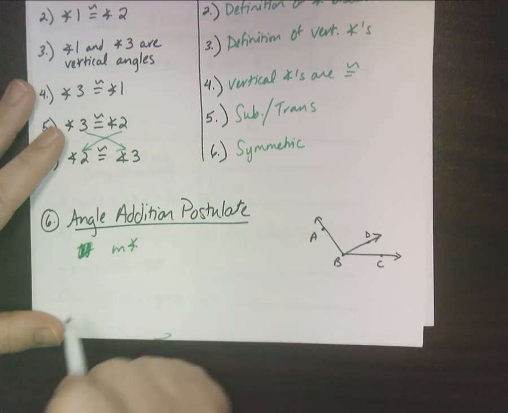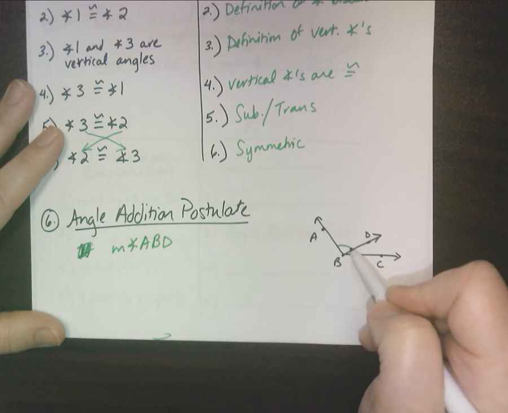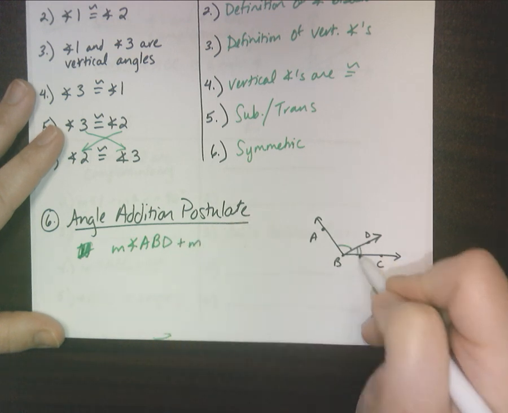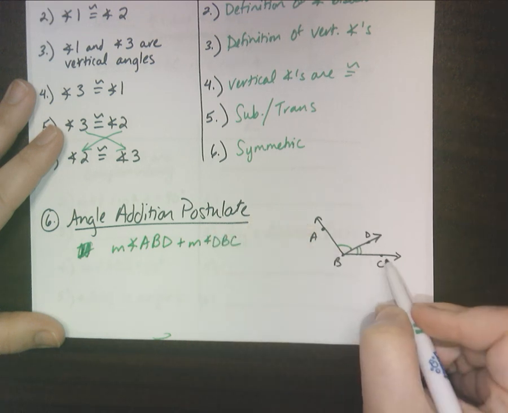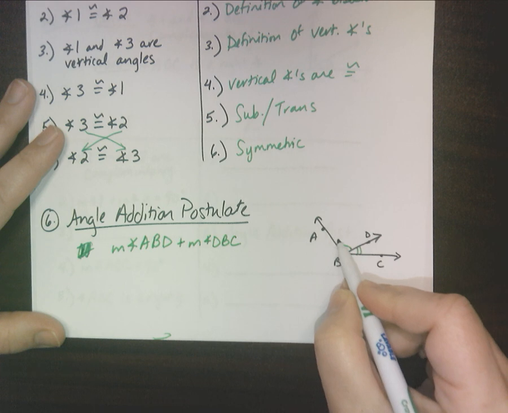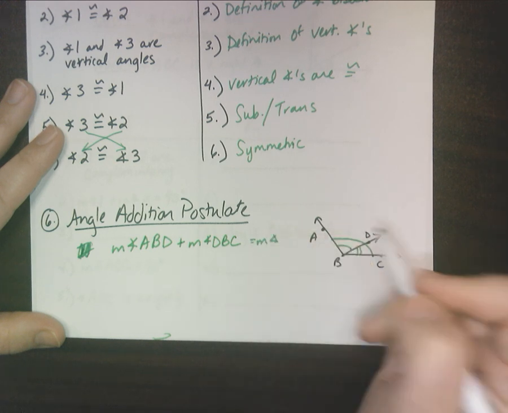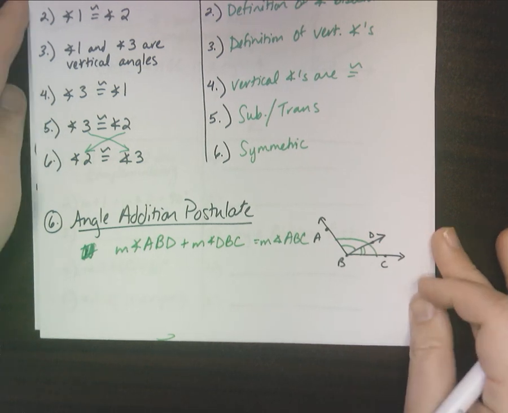If I say the measure of angle ABD, so this guy, and I add it to the measure of angle DBC, then I've just made up the entire angle, the measure of angle ABC. Okay? And we're going to use that for sure.